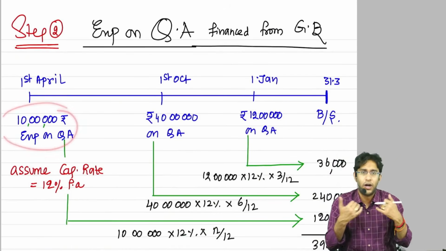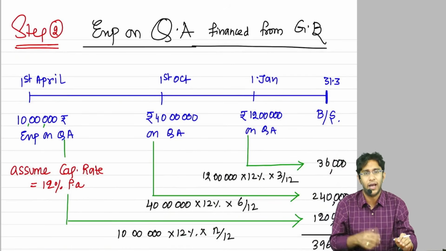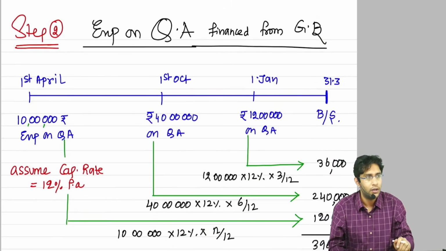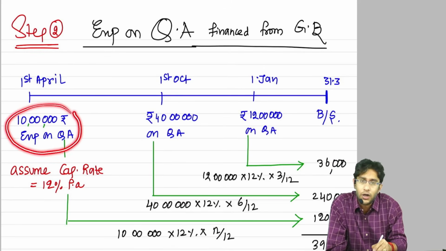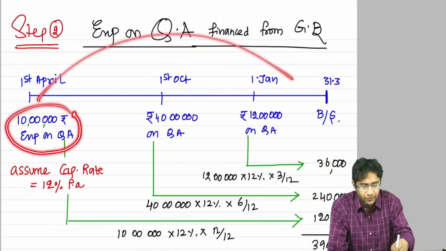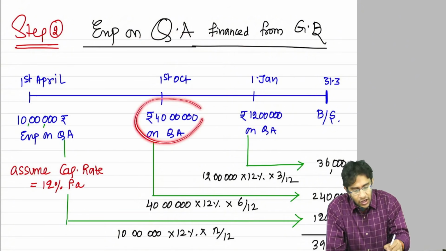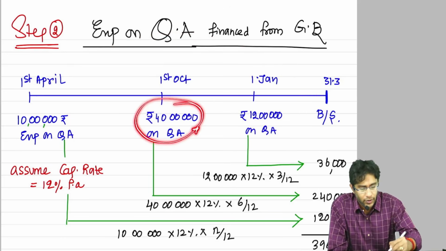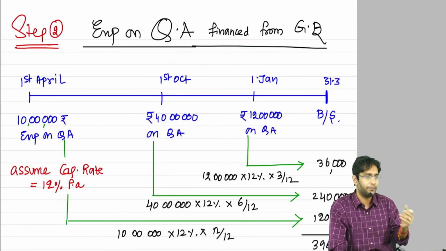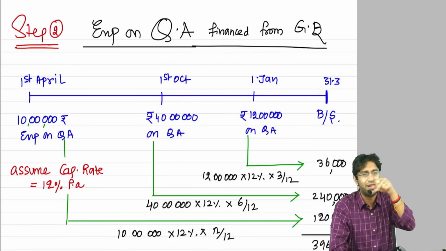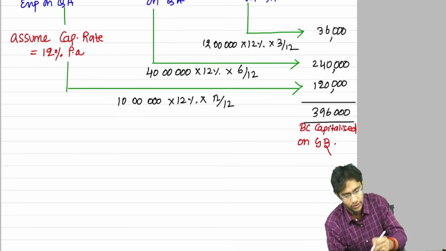this borrowing I never bought for this asset, but whenever I spend, I believe that I'm using that borrowing. So 10 lakhs general borrowing is used in our project for a period of 12 months. 40 lakhs general borrowing is used in our project for a period of 6 months, like that. Now, suppose you don't like this presentation, I have an alternative version.